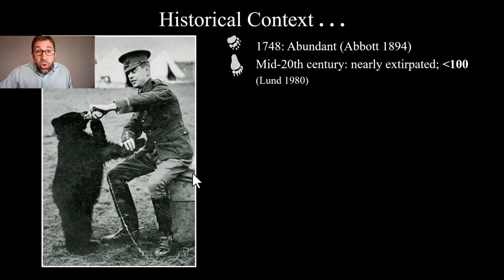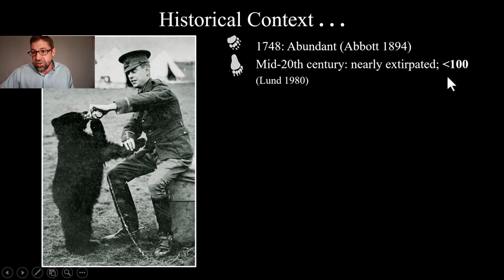So we know that North American forests were replete with black bears when colonized by Europeans. We see lots of remains of black bears in the Native American middens. However, by the 1950s, black bears are nearly wiped out from northwestern New Jersey.